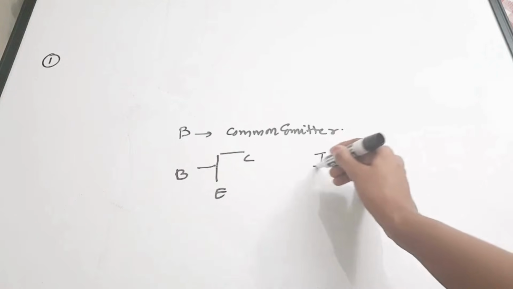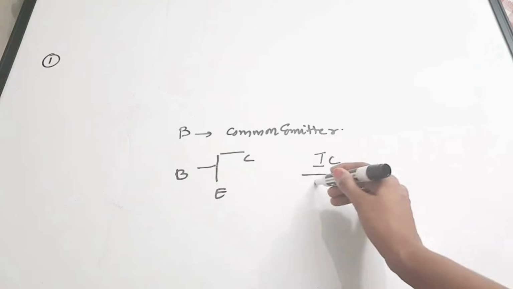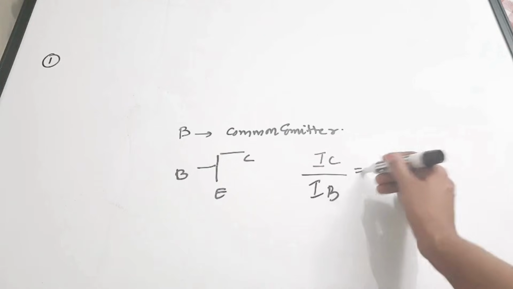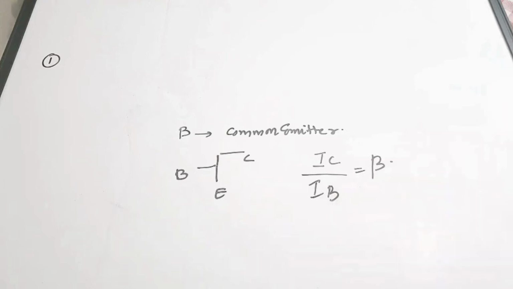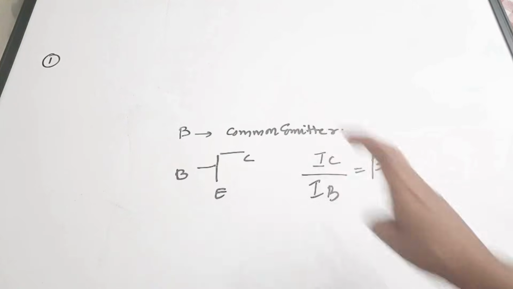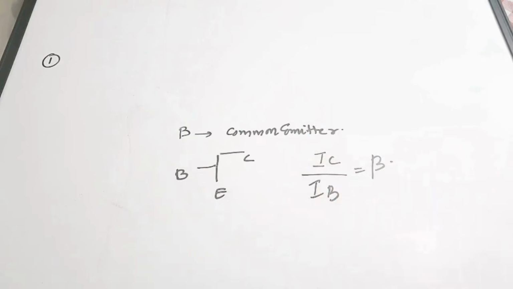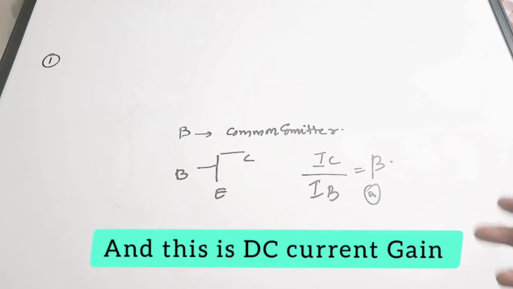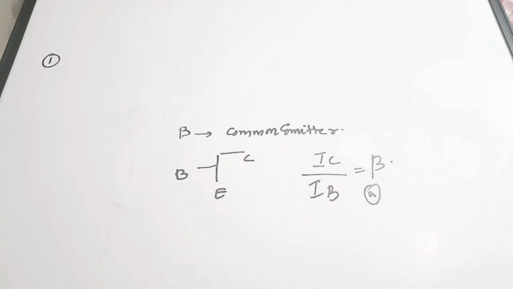So output current is IC, input current is IB, and this is beta, the current amplification factor for common emitter configuration. From the options, the correct option is A, IC by IB. So the first question, correct answer is option A.